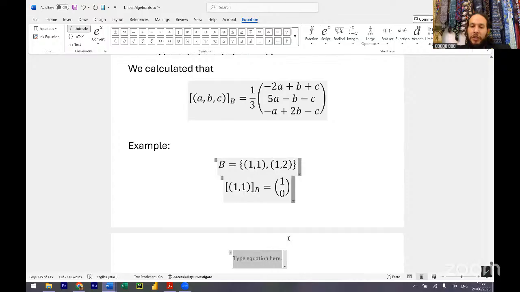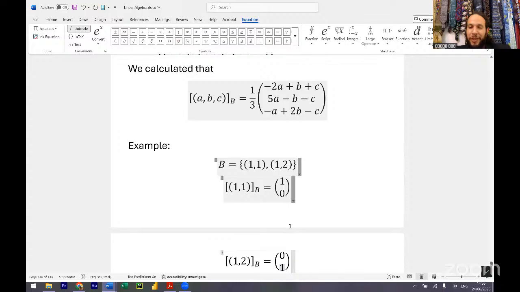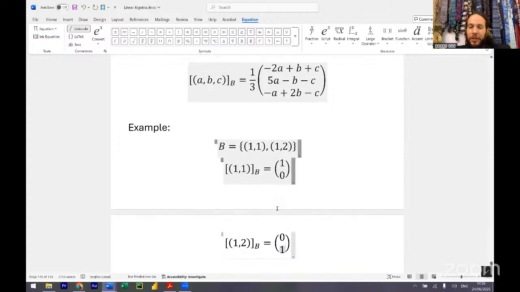Similarly, what are the coordinates of (1,2) according to this basis? It's (0,1), right? This is (1,0), this is (0,1). Okay.